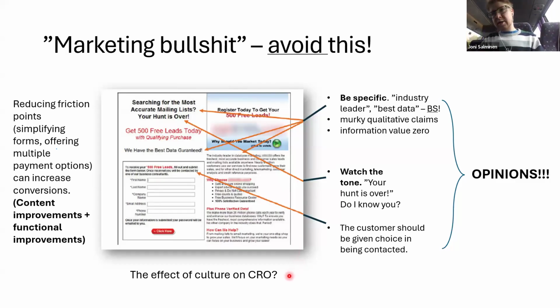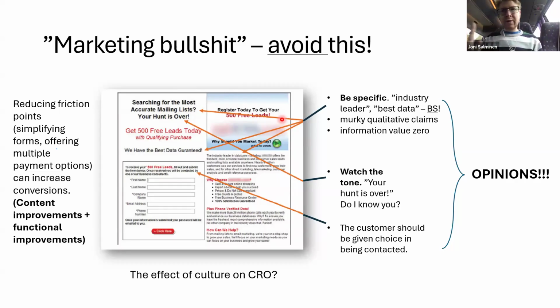And then there's also an interesting thing, which is the effect of culture on conversion rate optimization, because a lot of the content and the material that teaches conversion optimization is from the US, and American culture is very different. So in American culture, this kind of hype might be perceived differently. People might be more open to it, whereas in Finland, people are generally more skeptical, and the culture is less about boasting and using this kind of superlative terms.